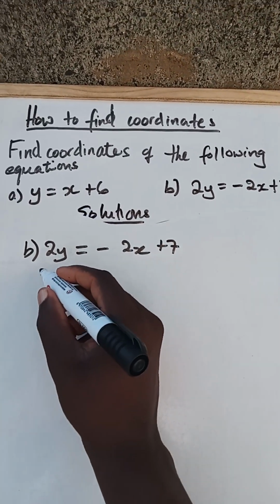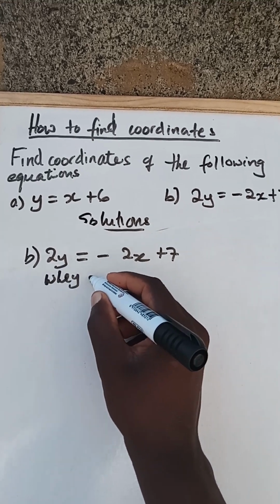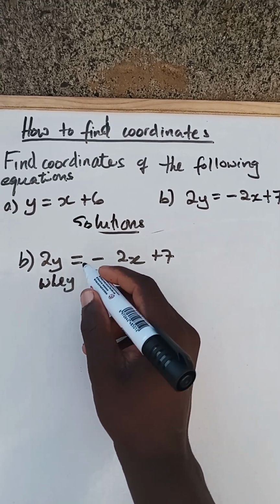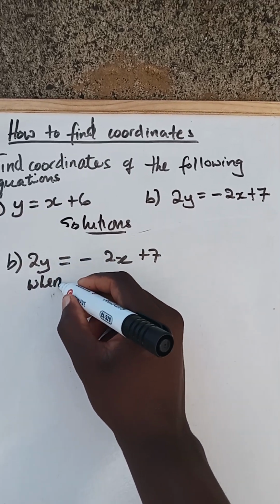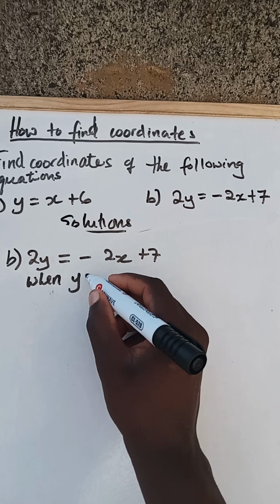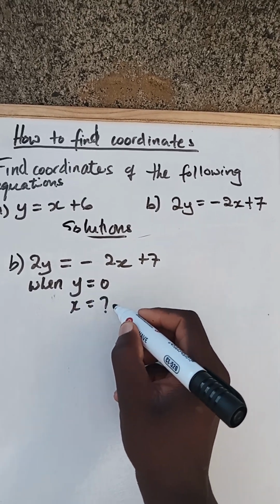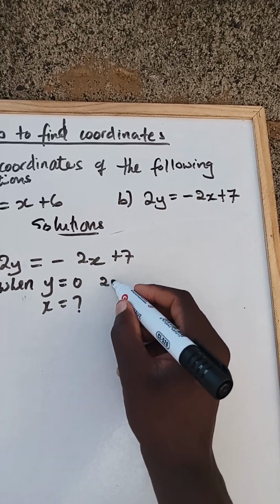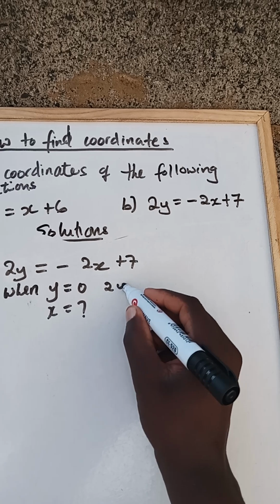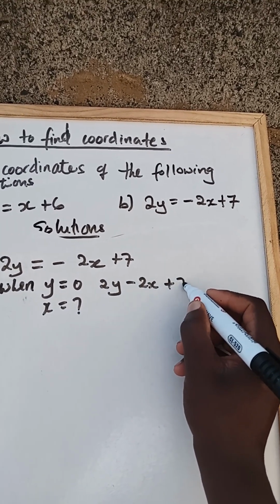So the same criteria: when y is equal to 0, x is equal to what? Okay, here's the equation. 2y equals minus 2x plus 7.